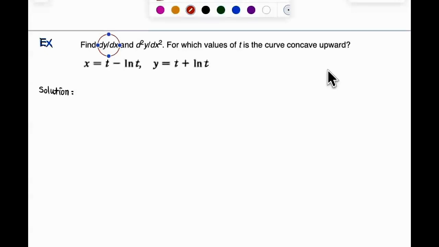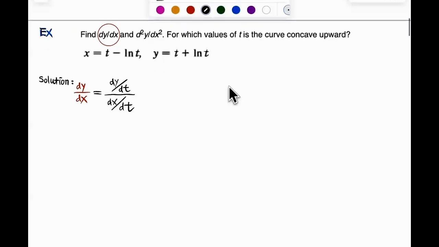How do you find dy dx? Yeah, dy dt over dx dt, right? So then we need to find dy dt and dx dt. Let's do it together.